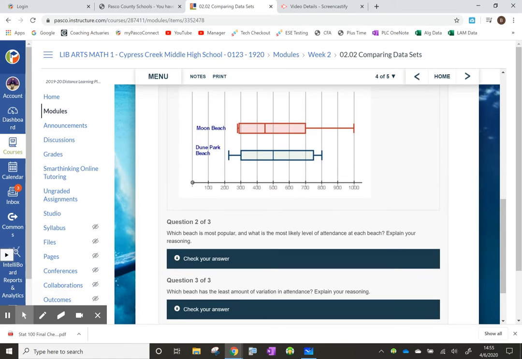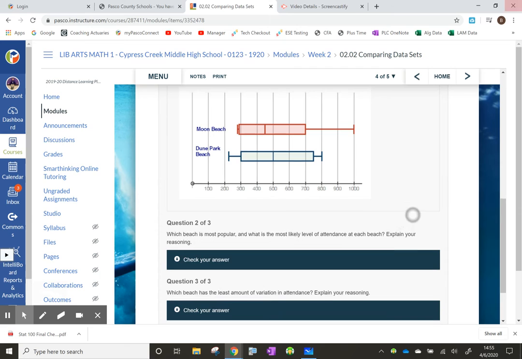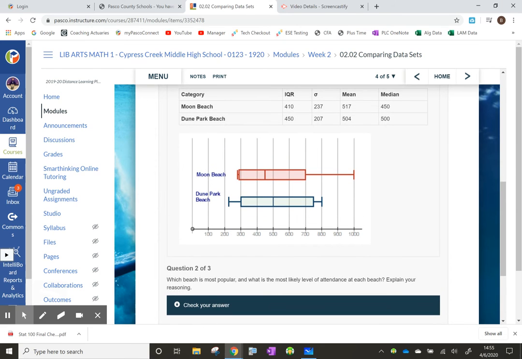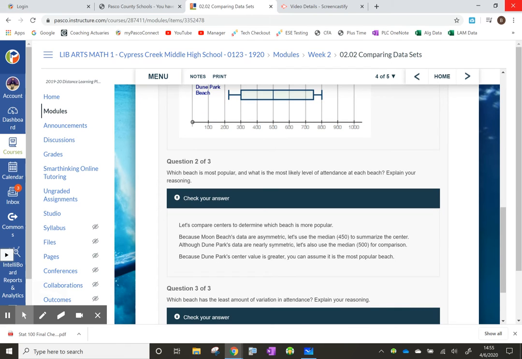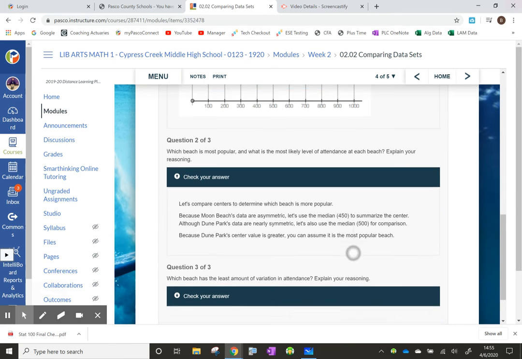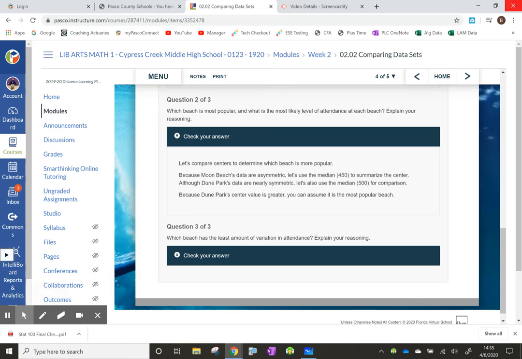Given those two comparisons, I would say Dune Beach is probably more popular simply because its measure of center, the mean, 504, is higher than Moon Beach's measure of center at 450. So I would say Dune Beach. That's exactly what they said there. So that's perfect. Makes me feel like I know what I'm talking about.